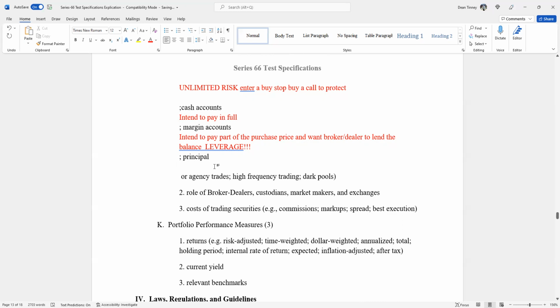And in our dealer principal capacity, we'll be charging you a markup or a markdown. We're going to be trading against you. So in a principal or dealer capacity, it'll say Goldman Sachs acted as a principal in this transaction. So in a dealer principal transaction, we're going to be charging a markup or markdown.